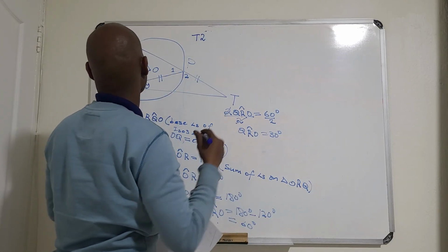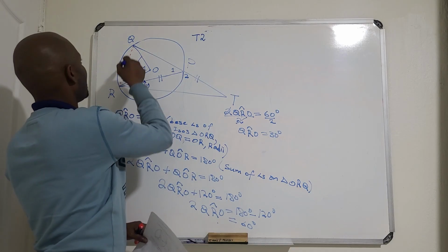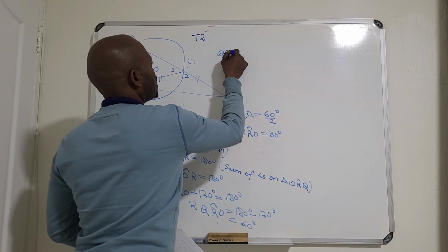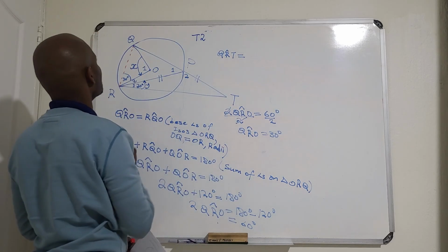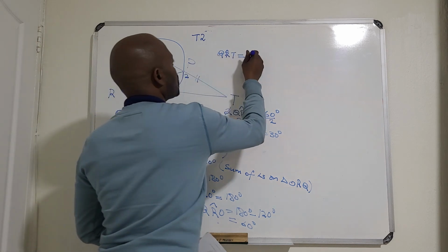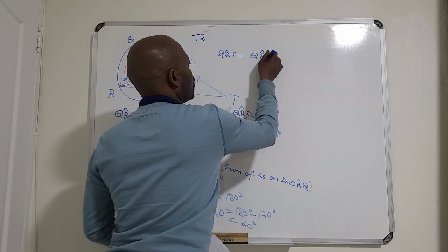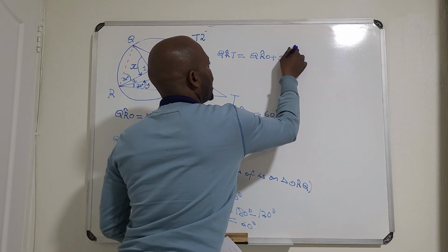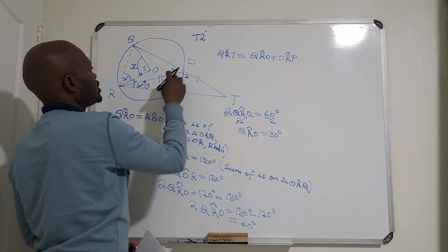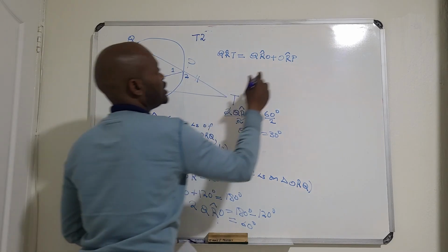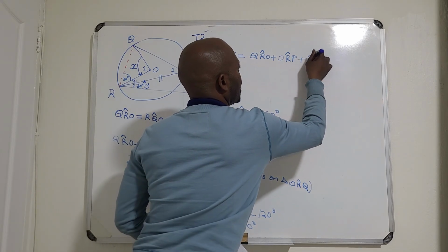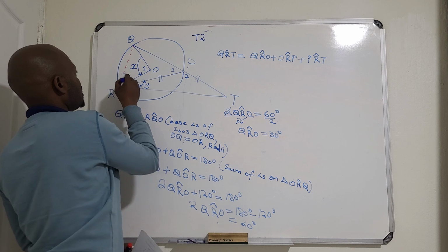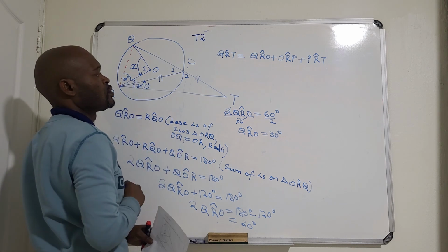Now, it means that we are going to have angle QRT is equal to angle QRO plus angle ORP plus angle PRT. Obviously, the whole of this angle is equal to this angle plus this angle plus this angle. That's what it's equal to.